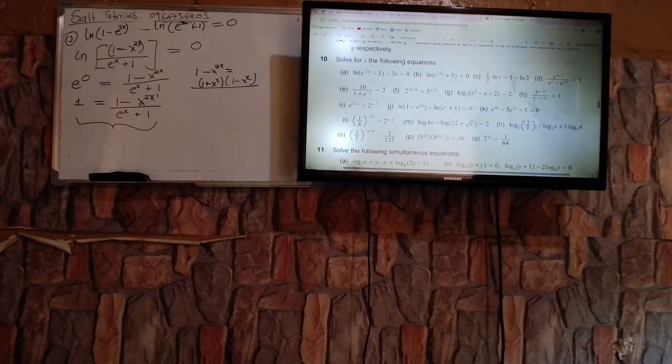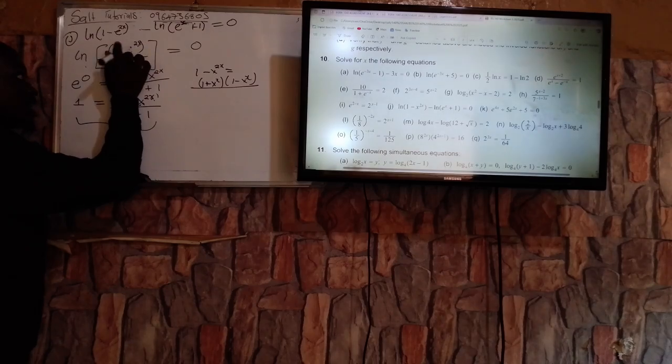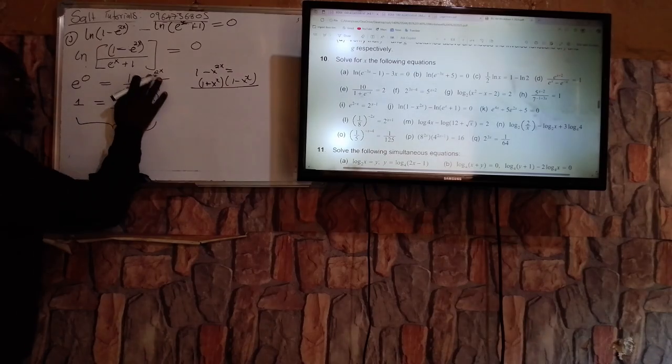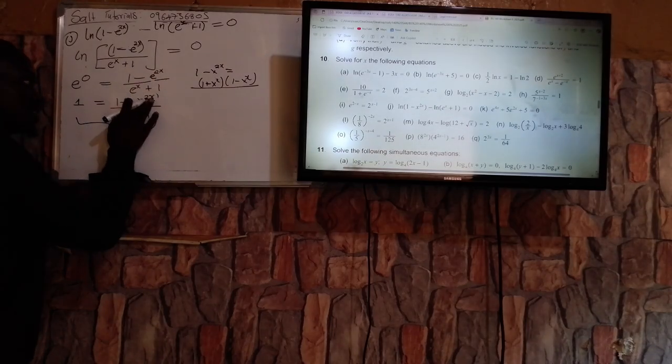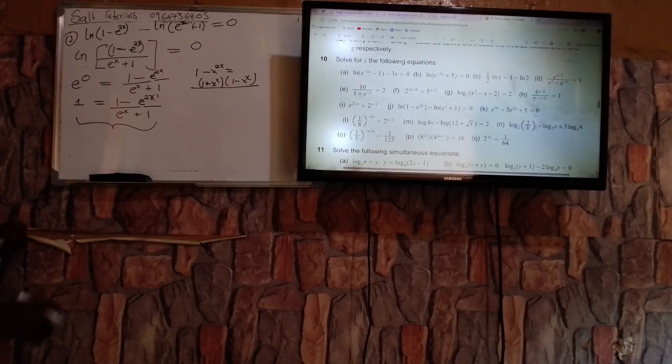Instead of it being x, we'll change this x to e. We'll change this x to e. I want us to do that. Basically, because if it is x, it will be impossible for us to solve it. So it means that this x is our e, and this x is our e. So what am I going to have?